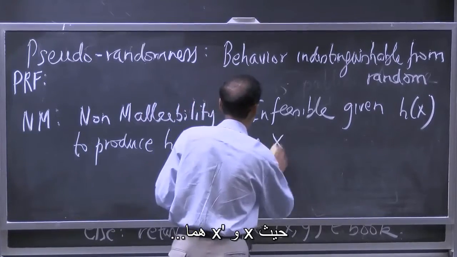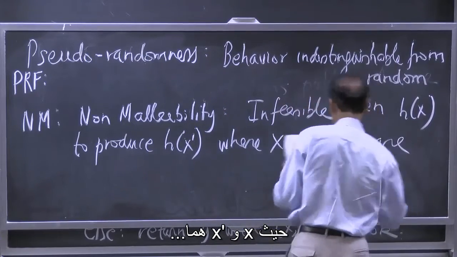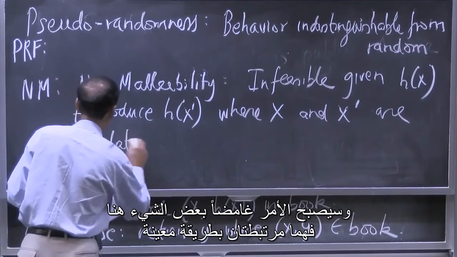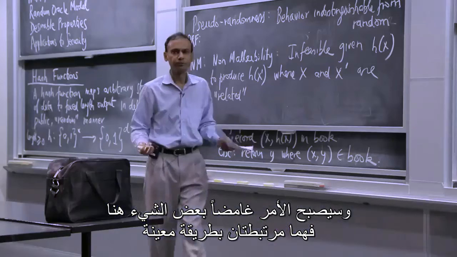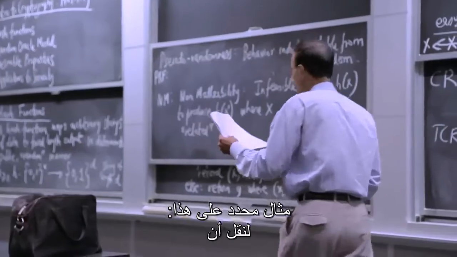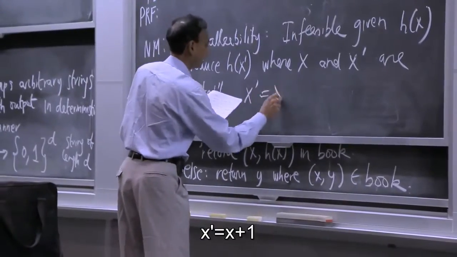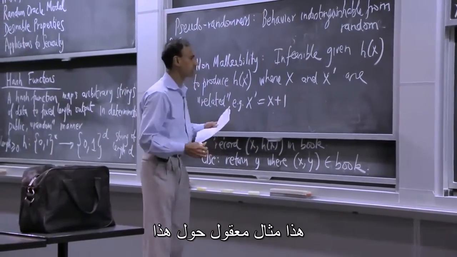where x and x prime are, and it gets a little bit fuzzy here, related in some fashion, right? So a concrete example of this is, let's say that x prime is x plus 1. So this is a reasonable example of this.